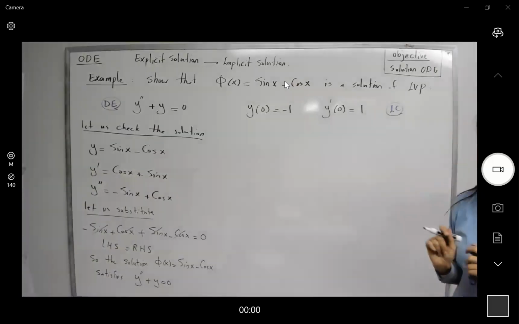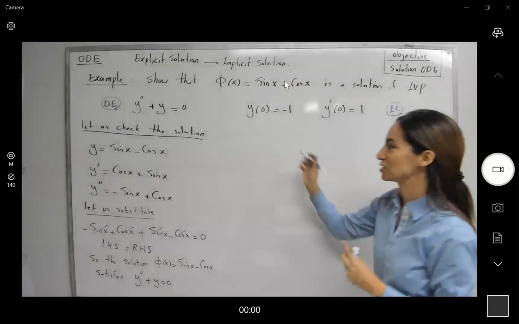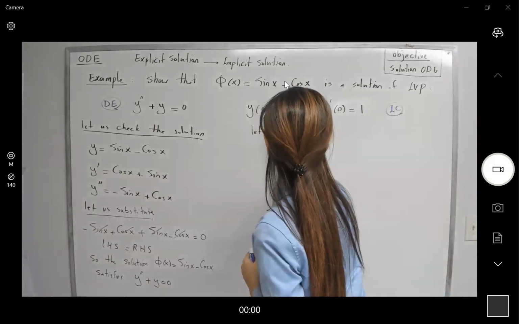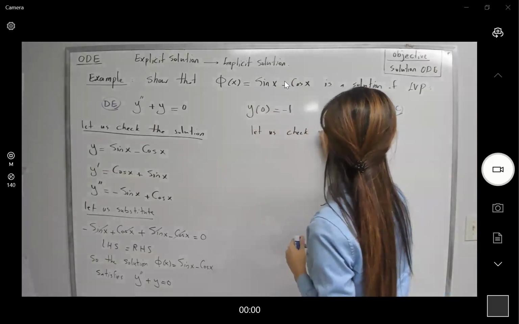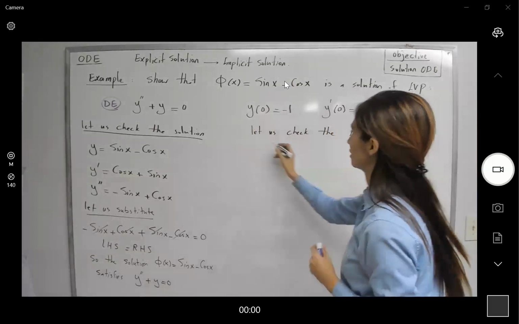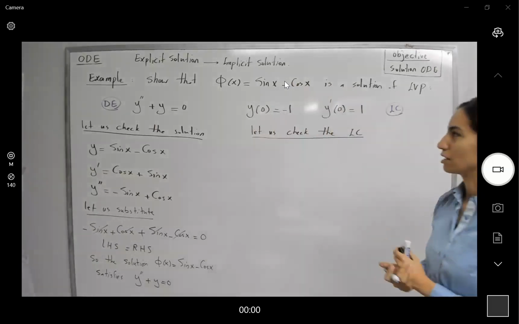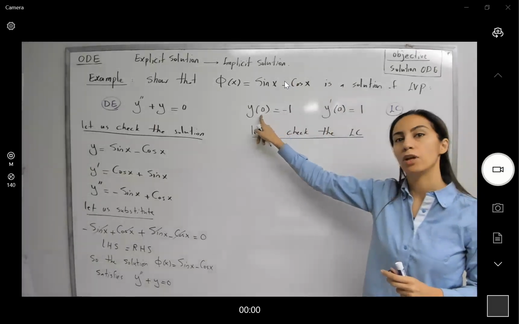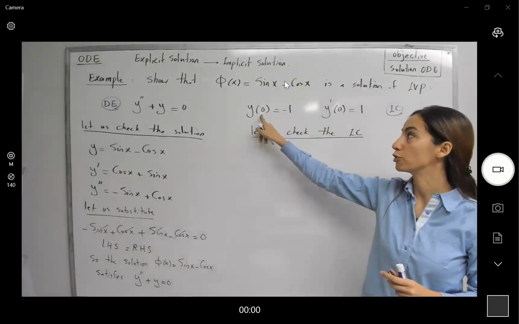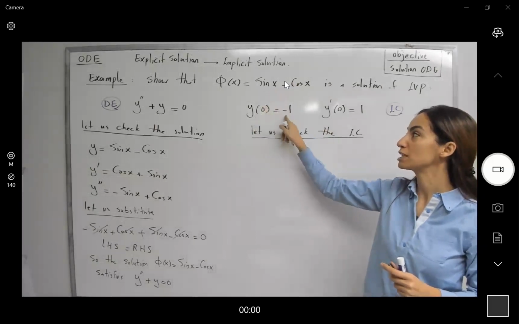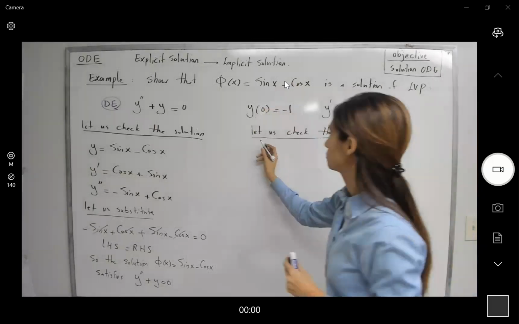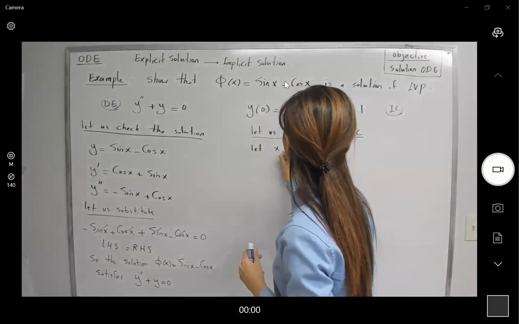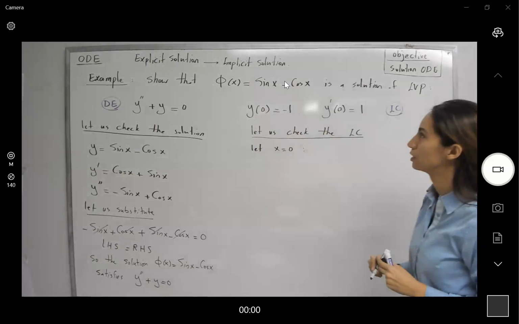Now we need to check the initial conditions. The first one says, if you plug in 0 for your x, the y value must be -1. Let x be equal to 0.